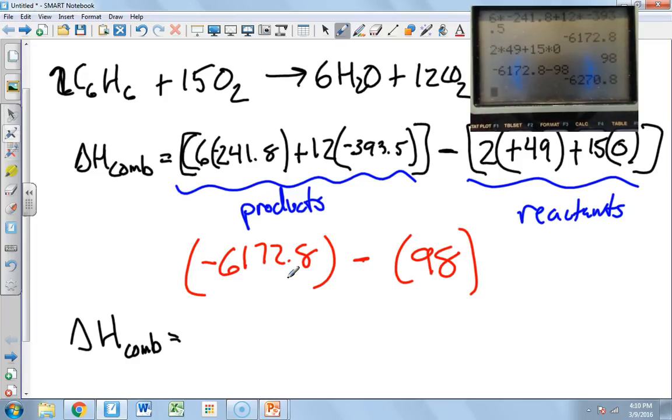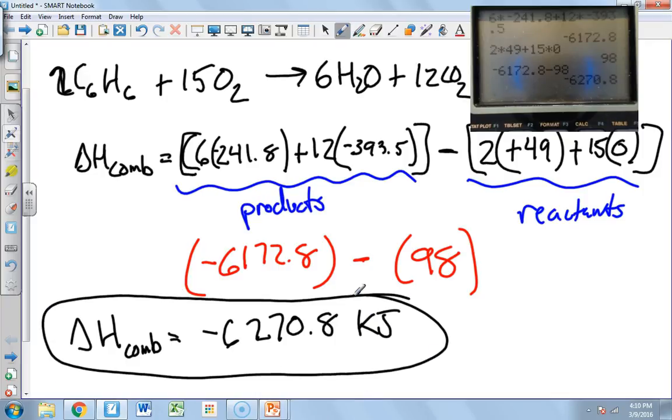And so we get negative 6270.8. Excuse me. And what are the units of that? It's in kilojoules. So that's the delta H of that reaction. And this is the most common way that we determine the delta H, or the enthalpy, of a reaction.